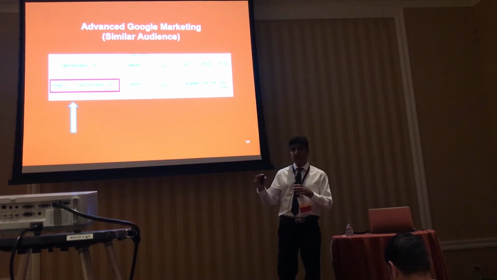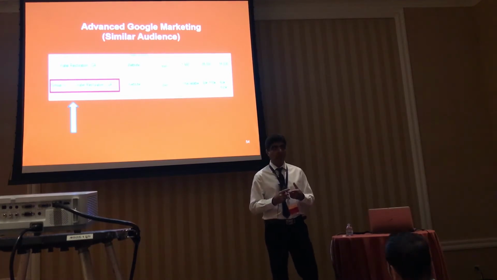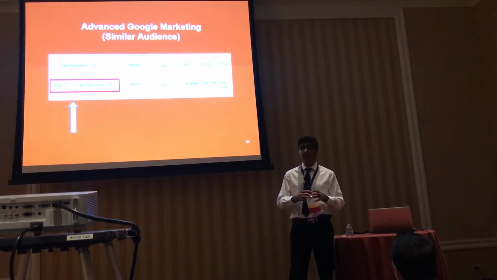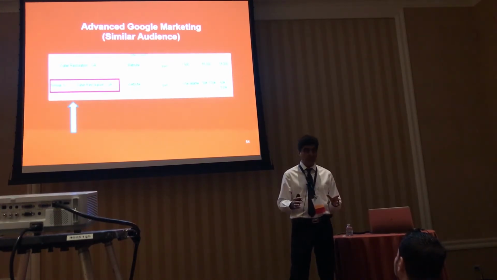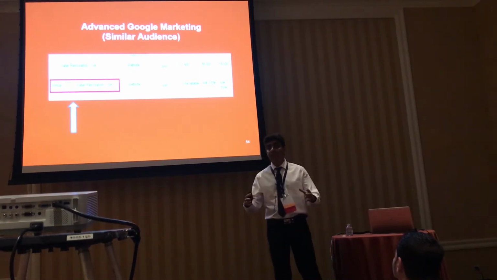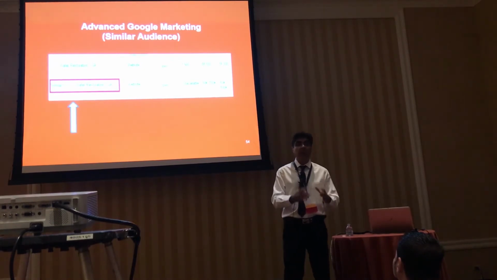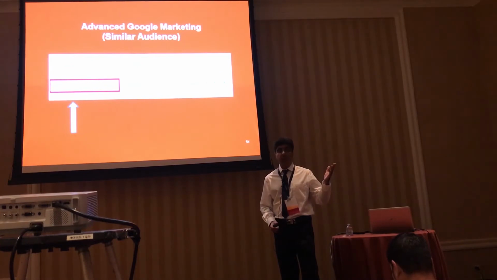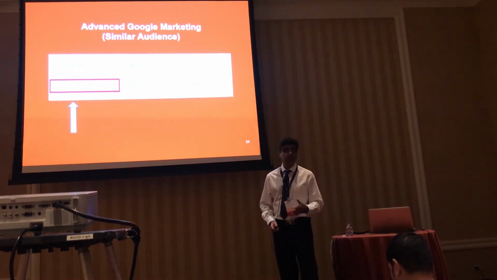Based upon those 1,000 people, whatever their interests are, whatever they like, whichever sites they visit, Google will find more people just like them. Because Google has data of everybody, what they're doing, right? So they'll find more people just like them and give you a list. It magically appears in your account one day. You can't ask for it, it just happens.